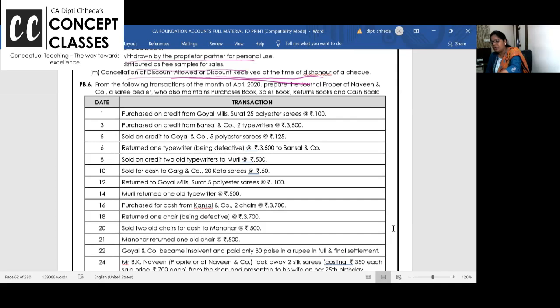What we need to do is learn how to identify the transactions which are not recorded in the subsidiary books, and then record them in the main journal book. Okay, right.